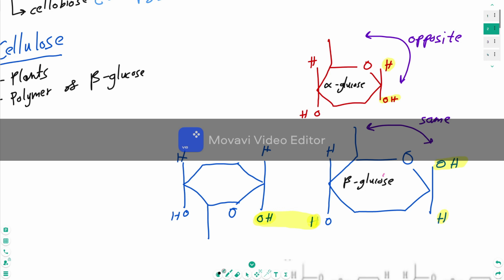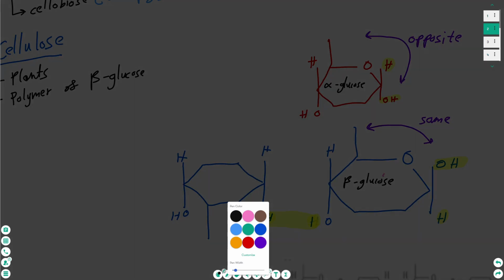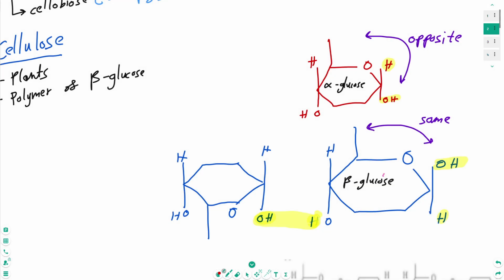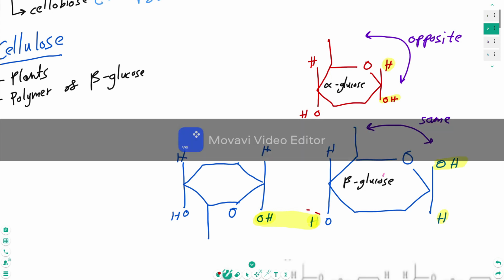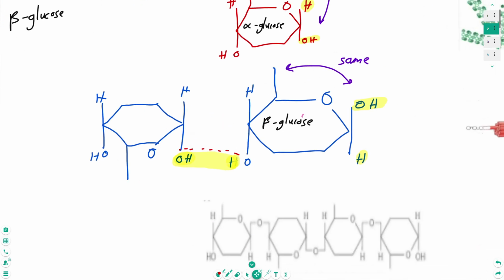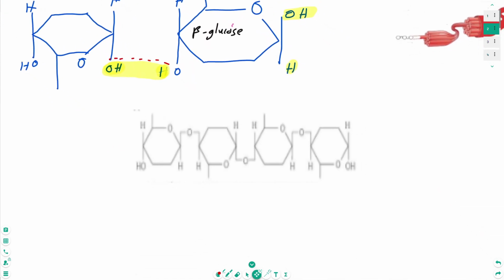And what happens is you end up with a bond between this oxygen here joining to there. And I'll show you what that looks like in practice. Yeah, you basically end up with this sort of structure.